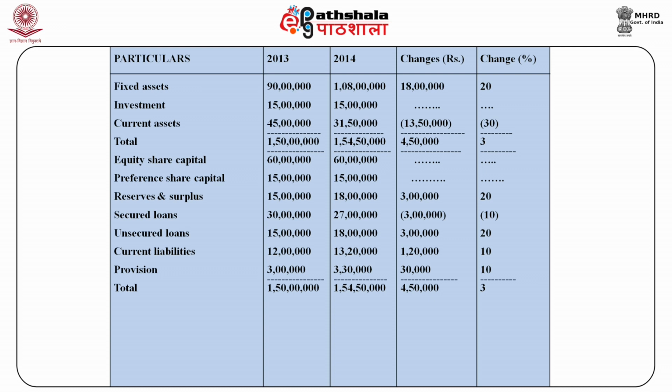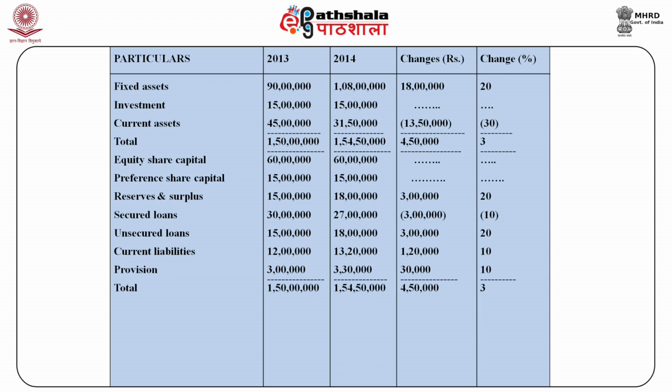That is, there is no change in the share capital of equity as well as preference share capital. Then we have reserves and surpluses. The reserves and surpluses for the year 2013 are 15 lakh. They have gone to 18 lakh. That is, there is an increase of 3 lakh, showing an increase of 20%.